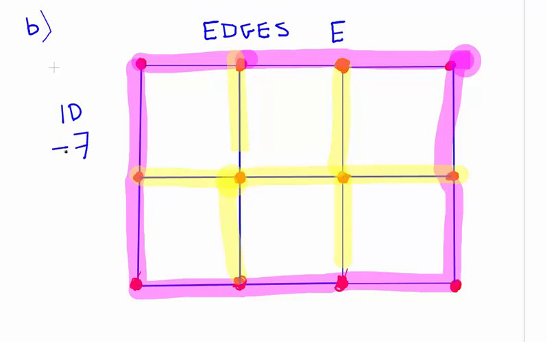So the total number of edges is 17. The reason I broke it up into external ones and internal ones is that it made it easy to identify which is which and not double count any. It also helped that I was coloring them in.